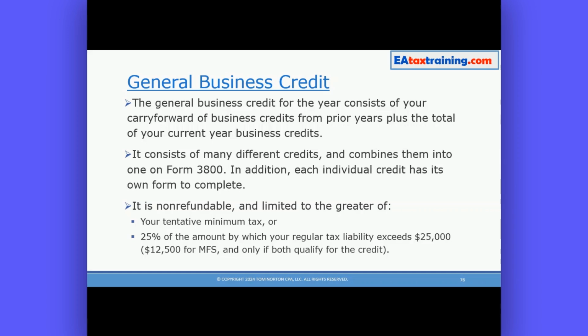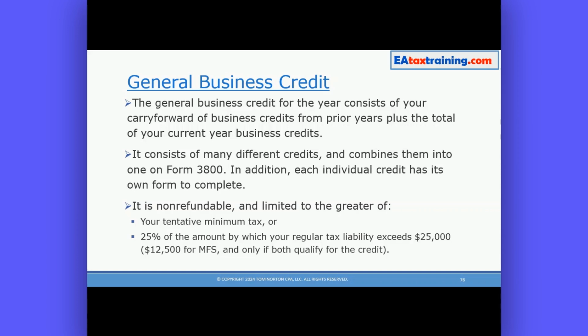A non-refundable credit says we will wipe out your tax liability, but we're not giving you anything more. So if you had that $3,000 tax liability and a $4,000 non-refundable credit, it would wipe out your tax liability to zero, but that extra $1,000, they would not send you a check. So these are non-refundable credits.